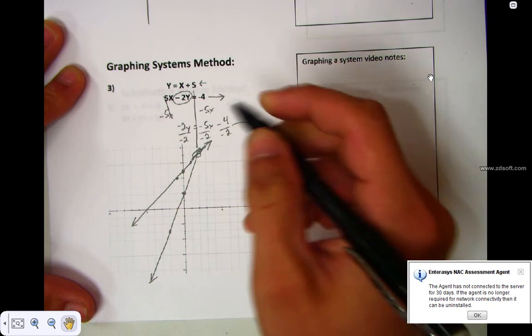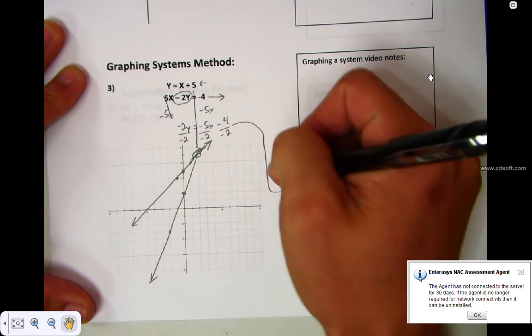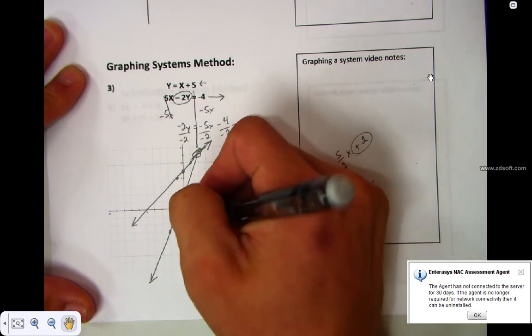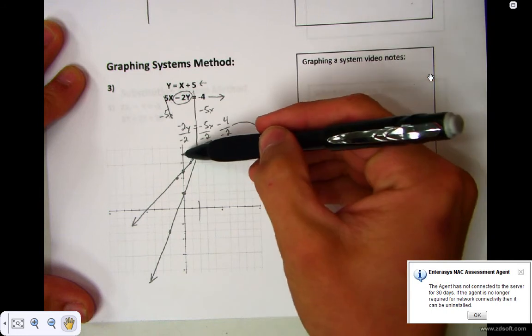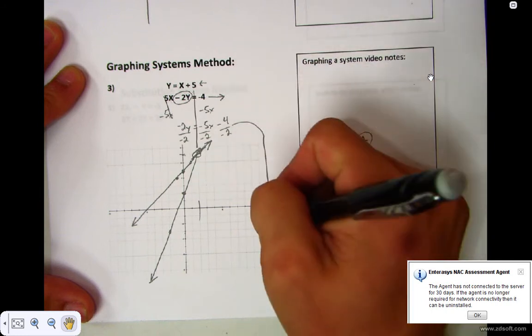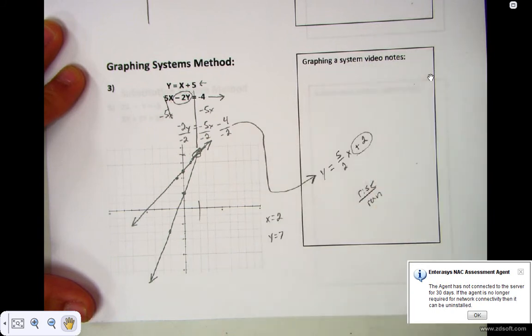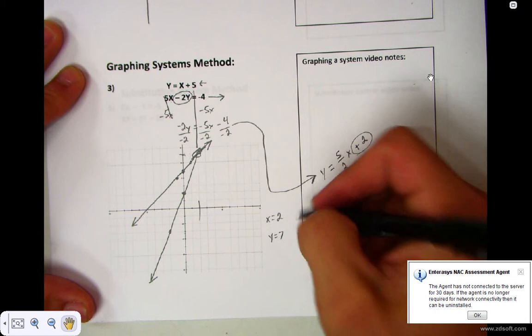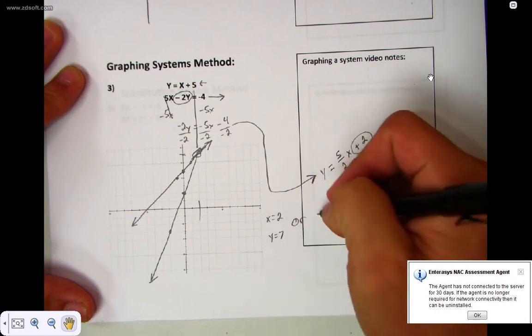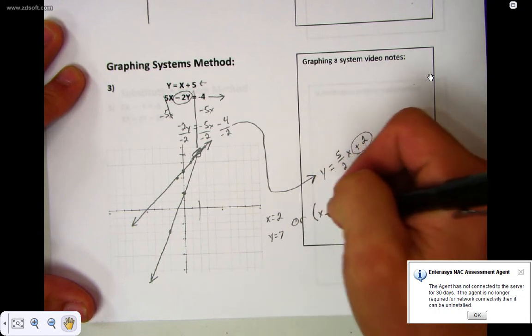So here's where they intersect. That's going to be at, looks like x equals 2 and y equals 7. So you can write it like this, x equals 2, y equals 7. Or you can write it like a coordinate, because it is a coordinate.